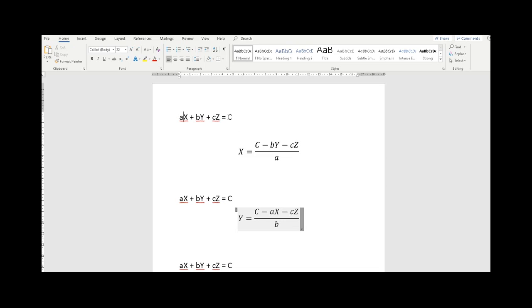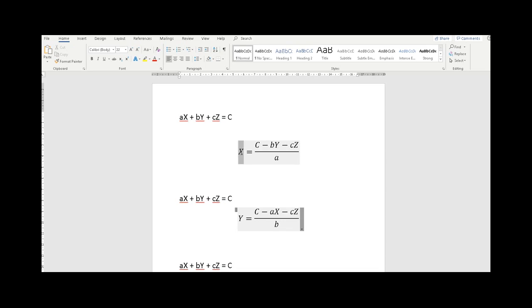So what we have here now is an equation that if we solve for X, so what happened here is we first isolate AX, so we move BY and CZ to the other side, so it becomes negative, so it becomes C minus BY minus CZ.